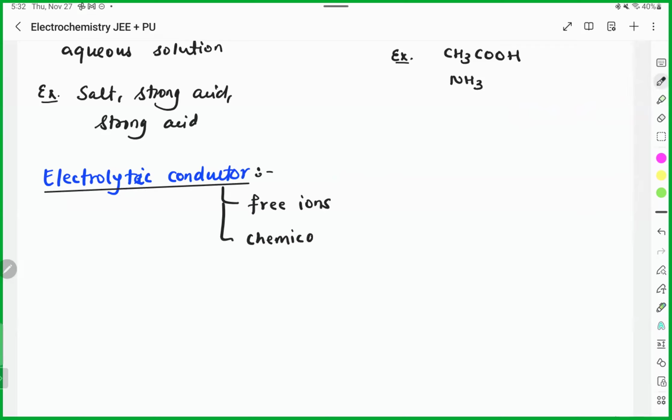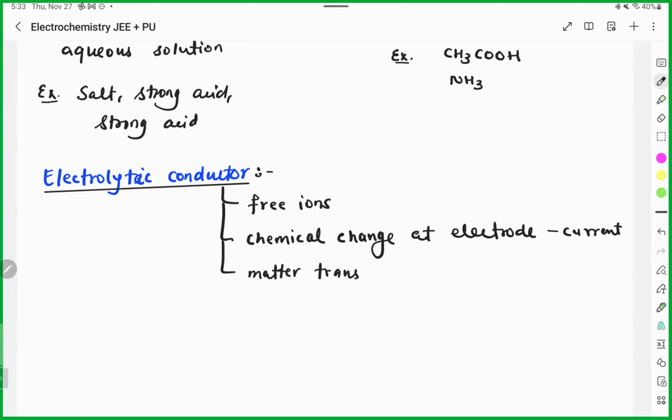Yes, chemical changes occur at the electrodes, cathode and anode, and this is responsible for the current, correct? Ultimately we have to pass current. Samarth, if you want to transfer the matter, in which form will it take place?